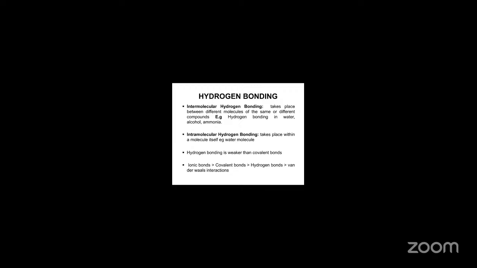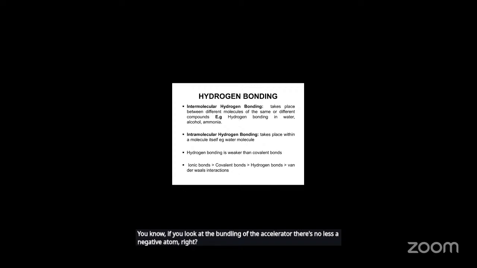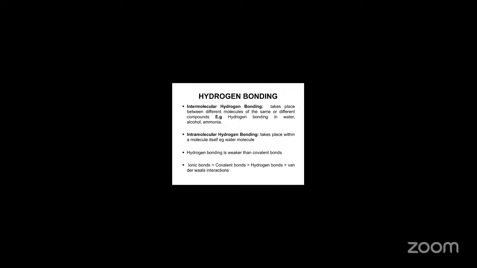If you look at the bonding of diethyl ether, there is no electronegative atom, right? Do you know the formula of diethyl ether? Diethyl ether is two ethyl groups with oxygen in the middle. What's the formula for ethyl? C2H5.